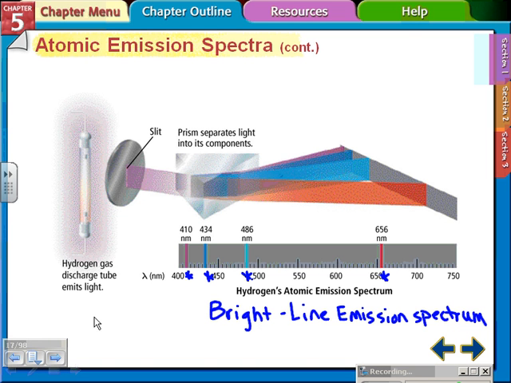And because of that, we can identify elements based off of their spectrum. That's how we know that the sun is made up of hydrogen and helium, because scientists have viewed their spectral lines and said, okay, that's the spectrum for hydrogen, that's a spectrum for helium. And we can identify what different stars and suns around the universe consist of.